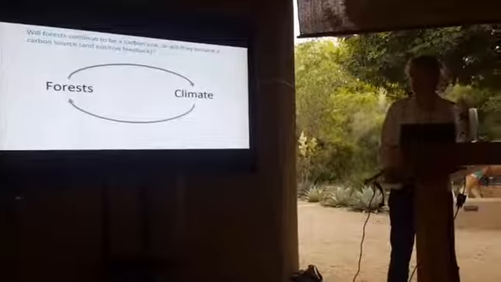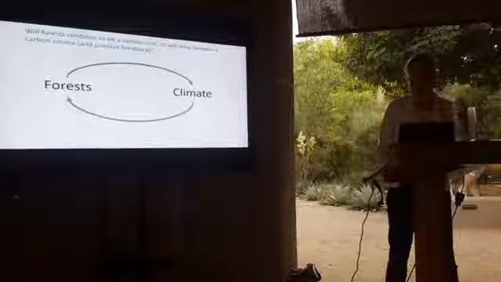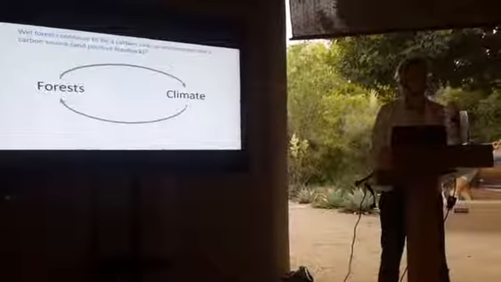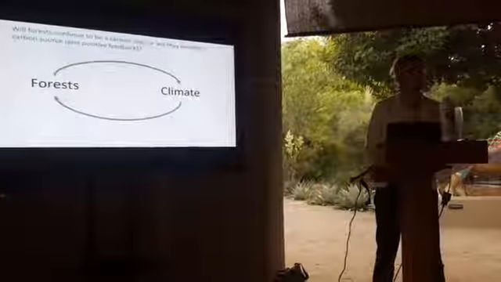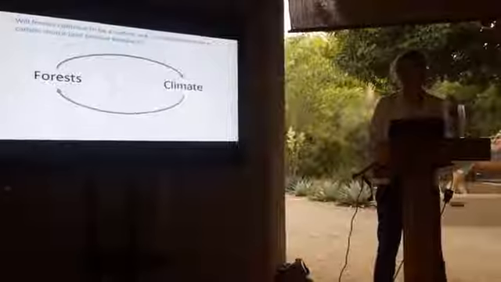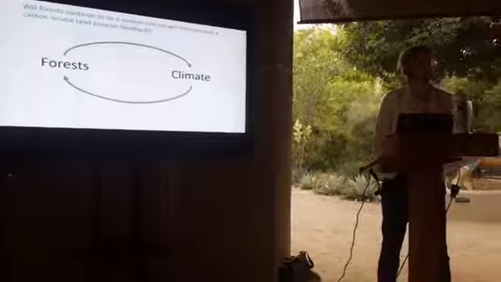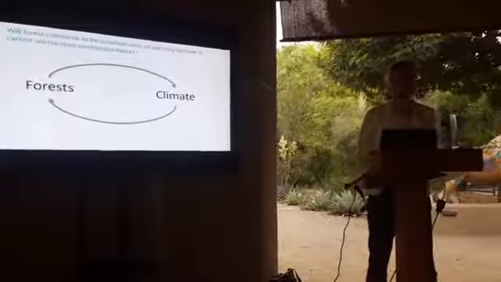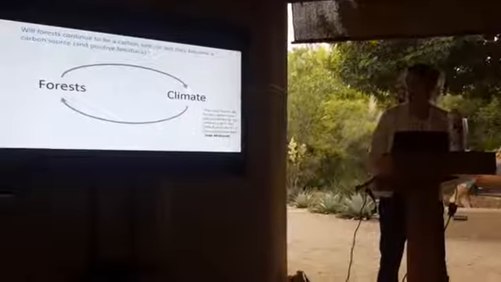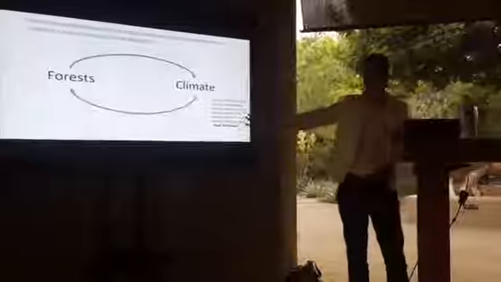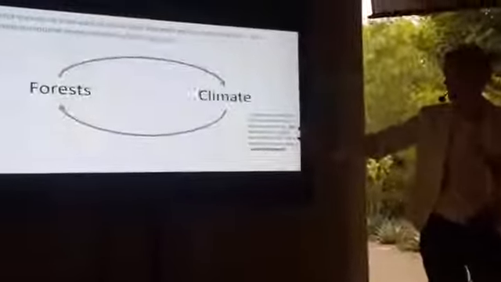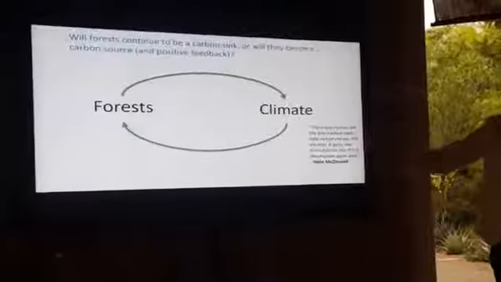So, will forests continue to be a carbon sink, or will they become a carbon source and a positive feedback to the climate system in the future? And when I say positive feedback, that sounds like a nice thing. But in this case, a positive feedback is not a good thing. So this is a nice quote from a scientist in New Mexico, Nate McDowell, and I think he captured this really nicely.